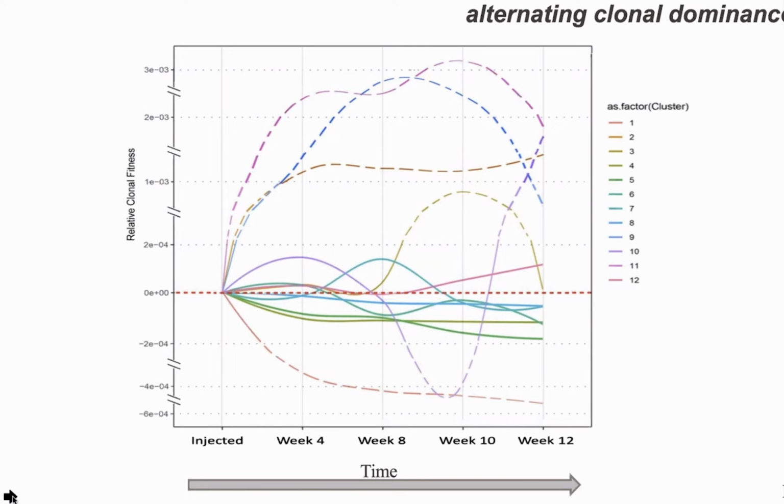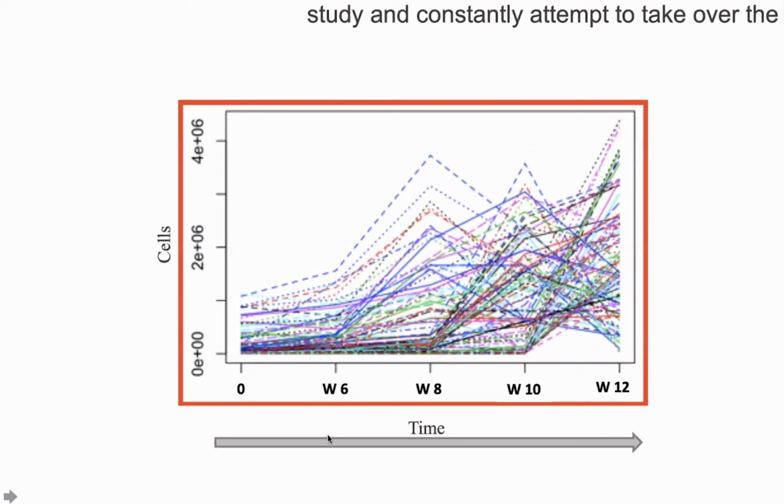Another interesting observation, when we look specifically at very low representing clones in the tumor that were able to persist throughout the entire study, is that many of these clones constantly attempt to take over the system, but very few succeed in colonizing the tumor.